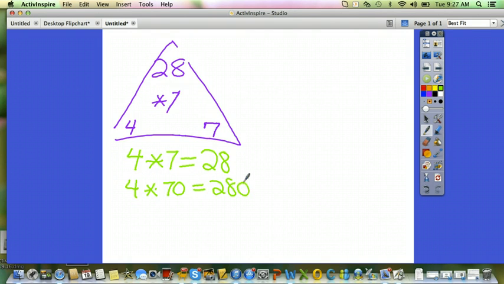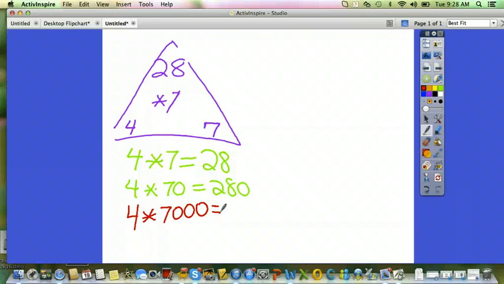Now I'm going to throw one in here just to kind of trip you up a little bit. You may not see these, but I'm going to try to trick you here today. Let's see how good we are. What if I do 4 times 7,000?